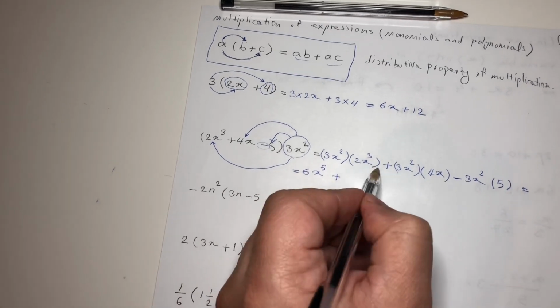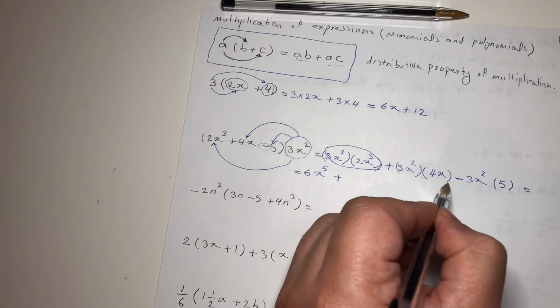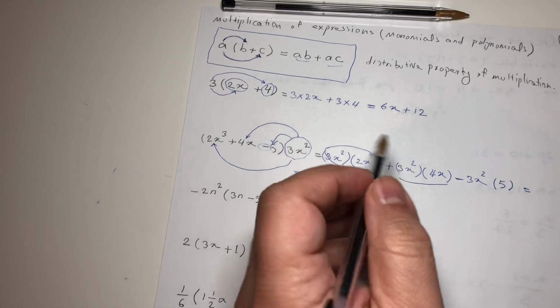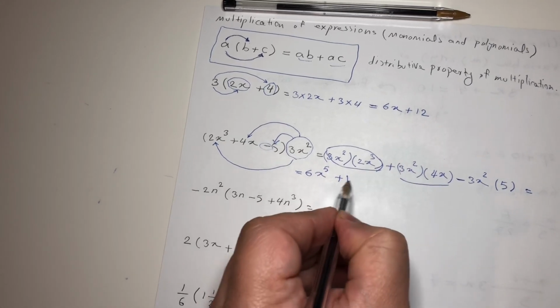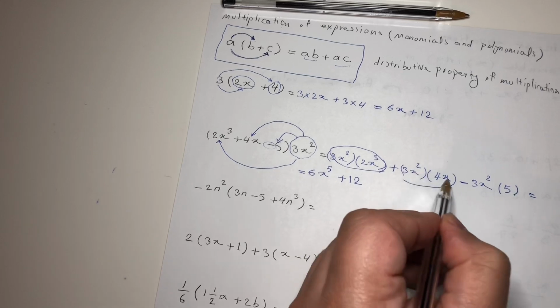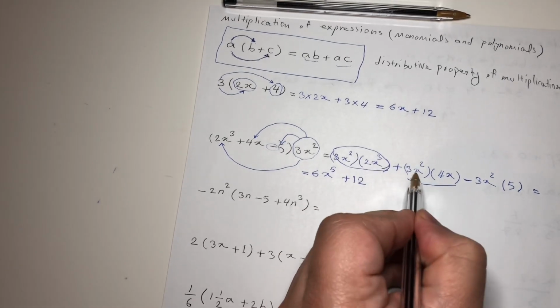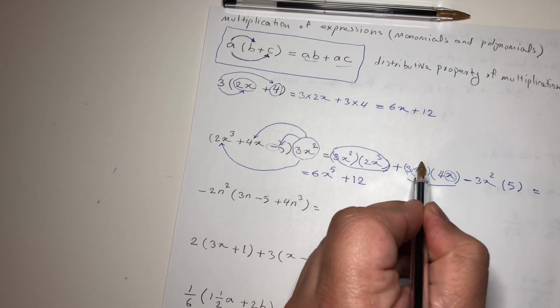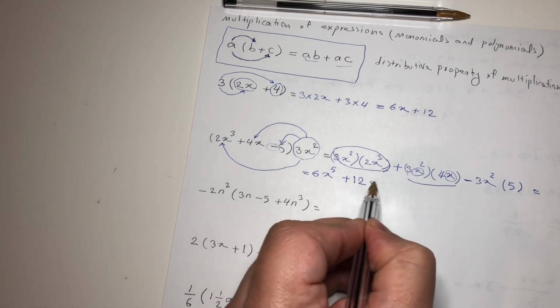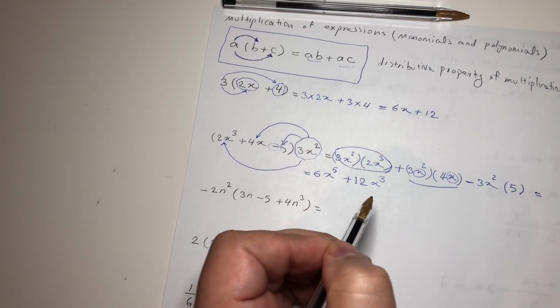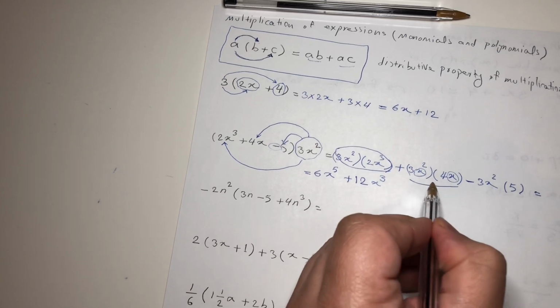Plus, so we did this one, now we go here, 3x2 by 4x. 3 by 4 is 12. x2 by x, again we have the same base, x. We can add the powers, 2 plus 1, x3. So we did this one.